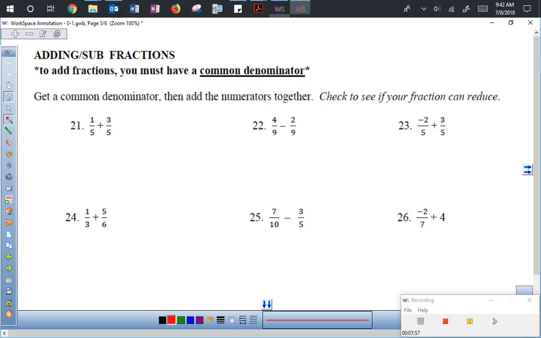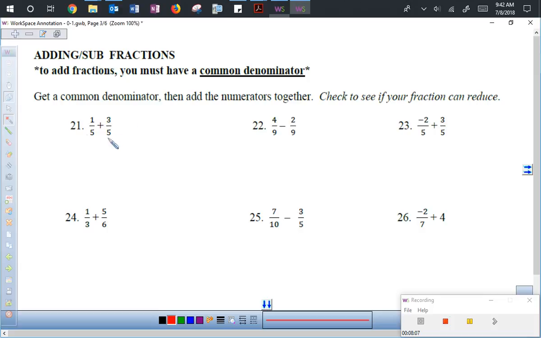So, to get a common denominator, you need to look at what you're given. If you do not have a common denominator, you cannot add them together first. So on number 21, I have 1 over 5 plus 3 over 5. So 1/5 plus 3/5. If you look at the denominators, they are already the same. So what that means is we can go ahead and add them. Now when adding fractions, this is really important, you cannot add the denominator.